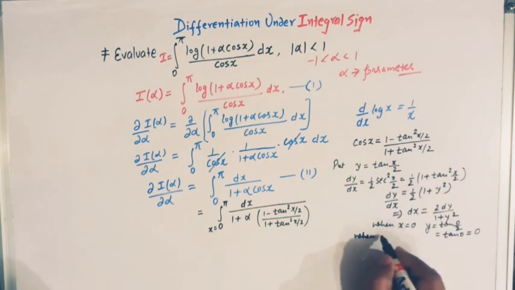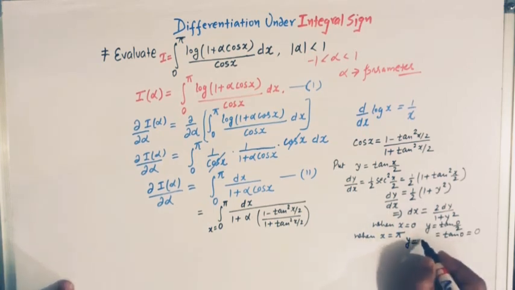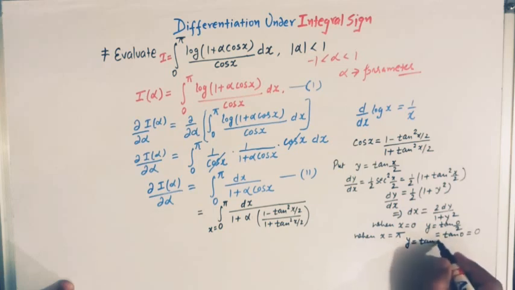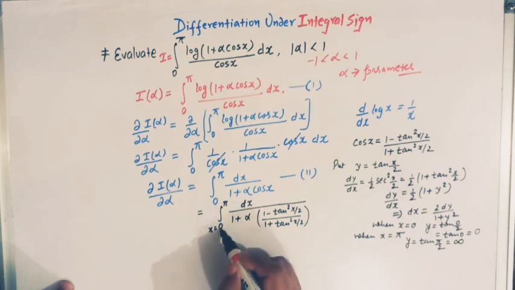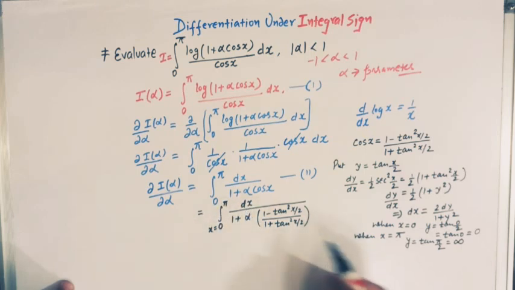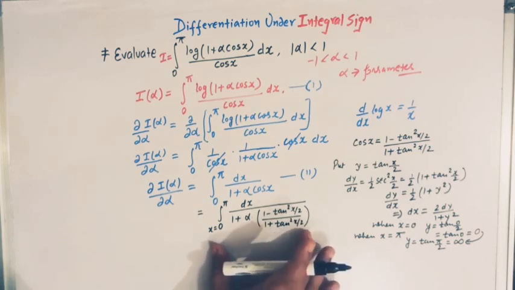Similarly, when x is equal to pi, the value of y is tan pi by 2, and tan pi by 2 is infinity. So we have the limits from 0 to pi when x is the variable, and when y is the variable, then the limits are from 0 to infinity, right? So let us change this integral.